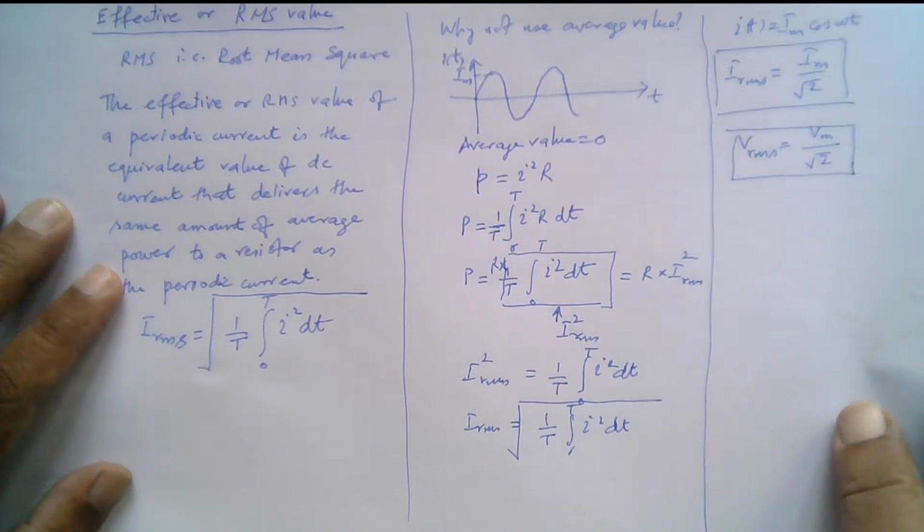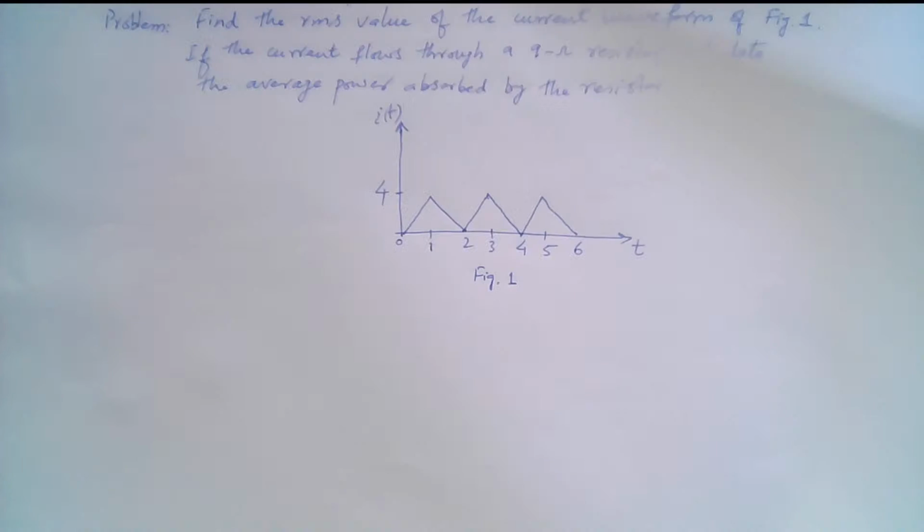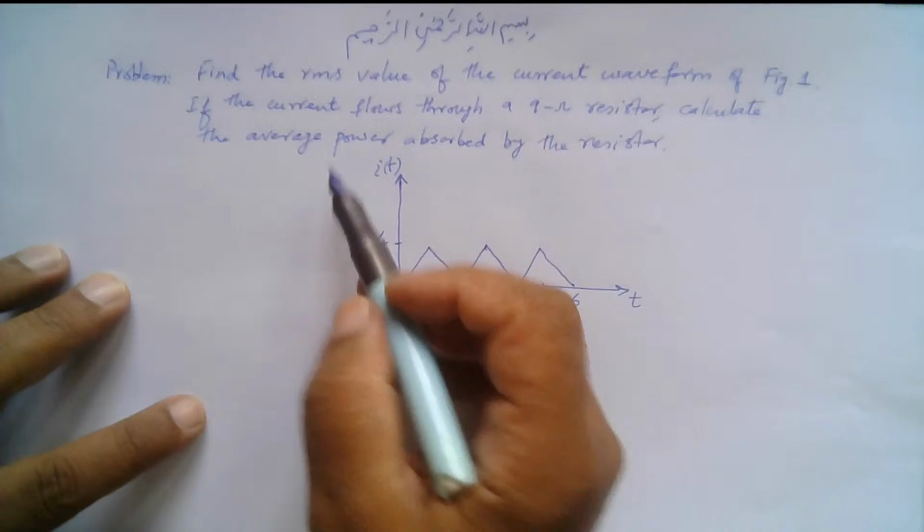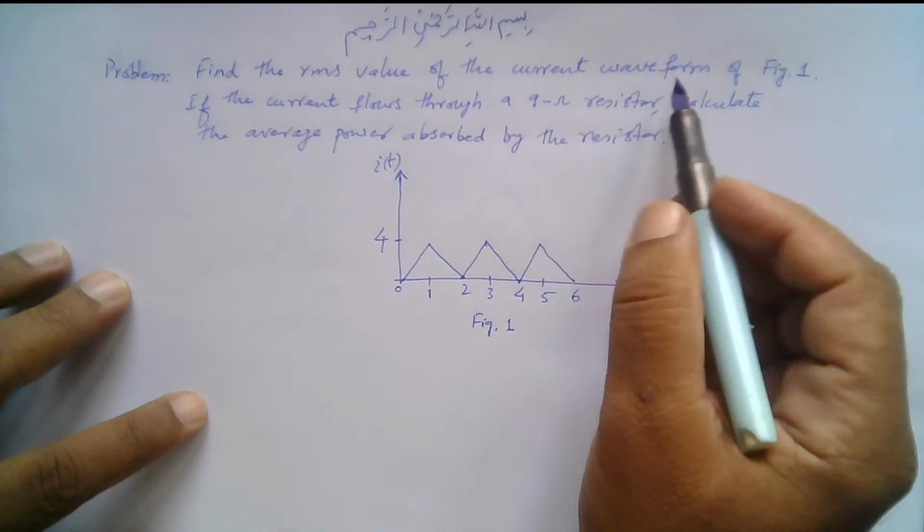So let's try out an example problem here. Find the RMS value of the current waveform of fig 1.